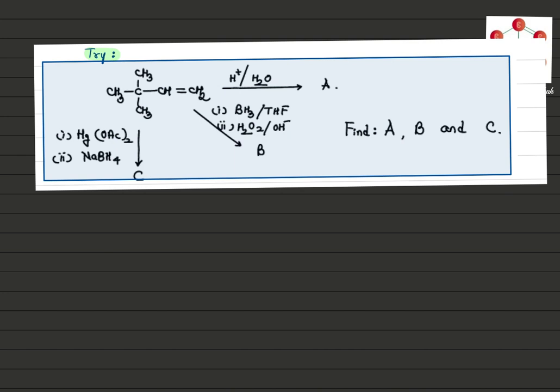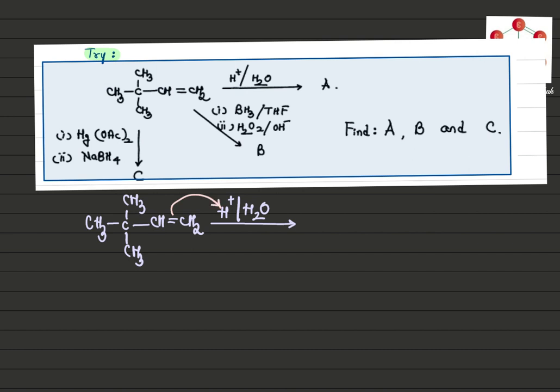All right. So first of all, you start with CH3, C, CH3, CH3, CH, double bond CH2, in which we take up H plus and H2O.